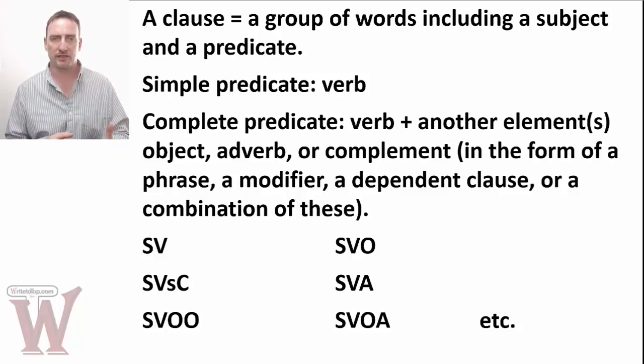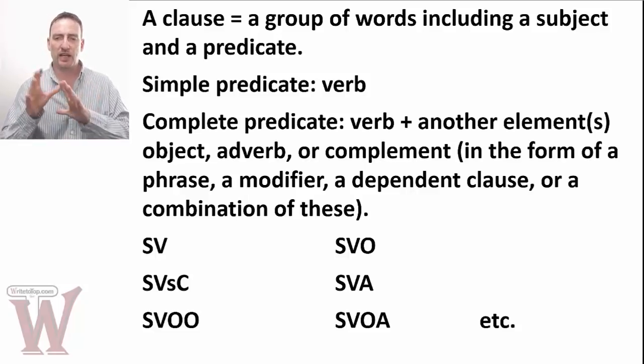A complete predicate includes the verb plus whatever other element or other elements are necessary to complete the meaning of the verb in relation to the subject, right? So these other elements could be an object or an adverb or a complement. They could be in the form of phrases, modifiers, dependent clauses, or any combination of these.